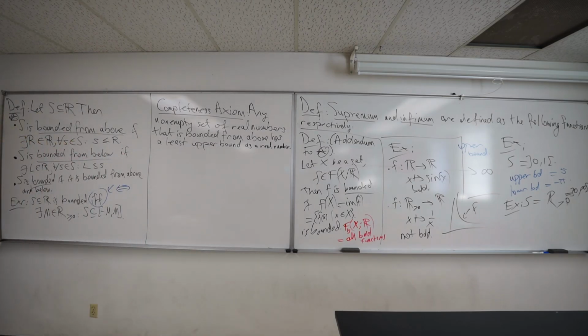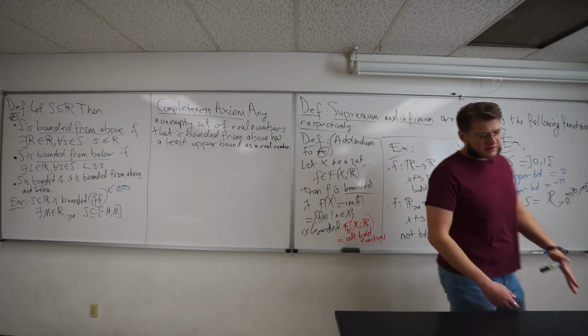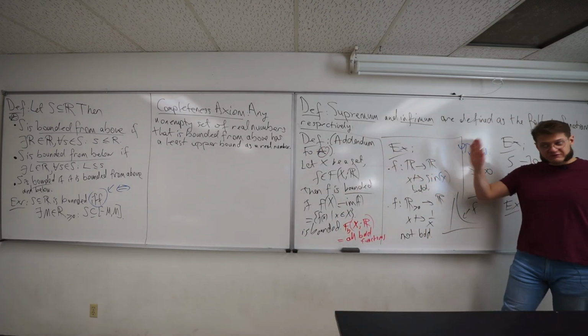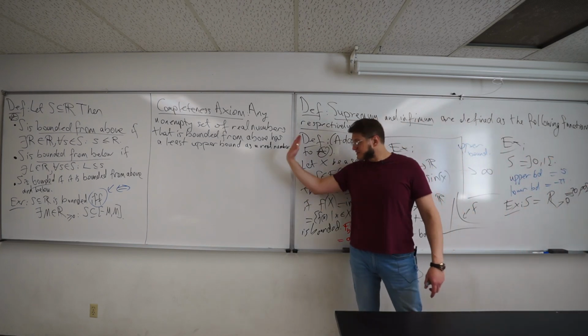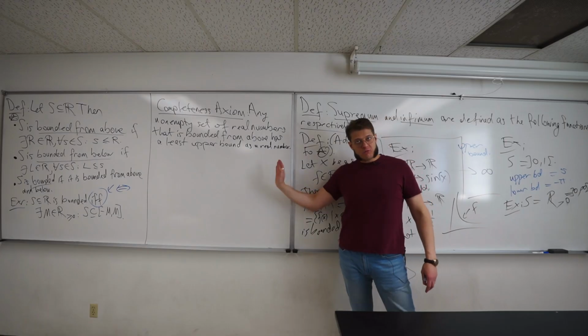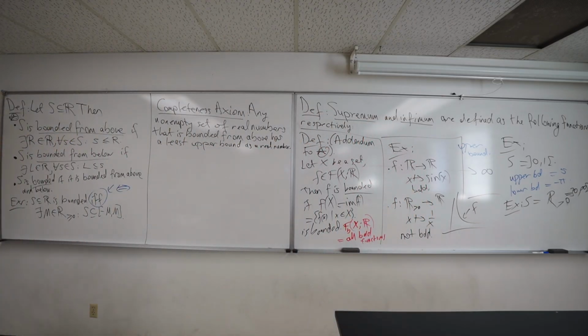So that means that if you have a bunch of points in the real line that somehow you can stop from running off to infinity, there's a stopgap. You can push that stopgap as far as possible, and there's a certain sort of limit, so to speak. There's always a specific number. So now let's try to turn this into a logical statement.